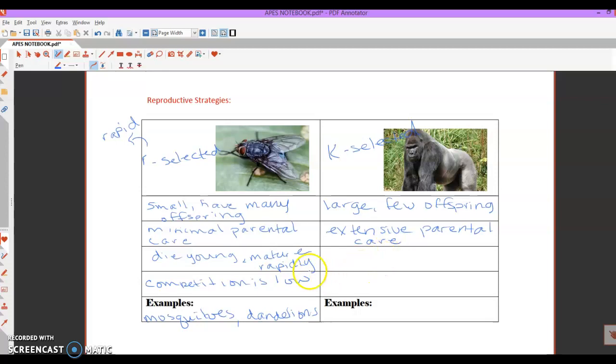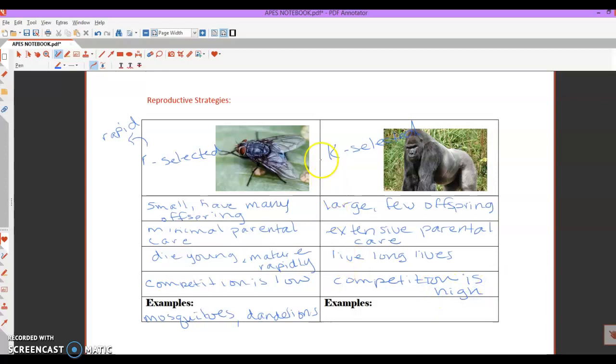Okay. So they live long lives. You know, gorillas can basically live as long as we do. And we know that competition is high between these organisms. So they're competing for things like food, space, mates.